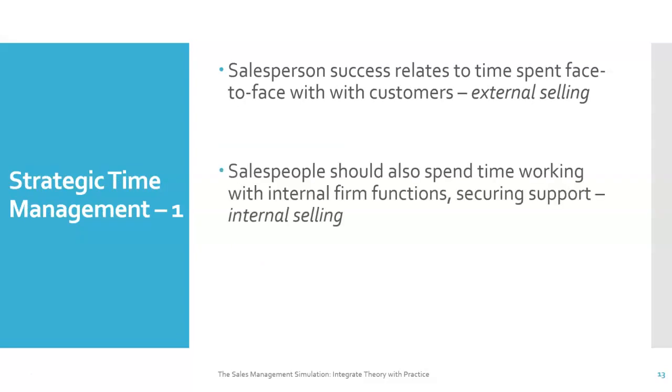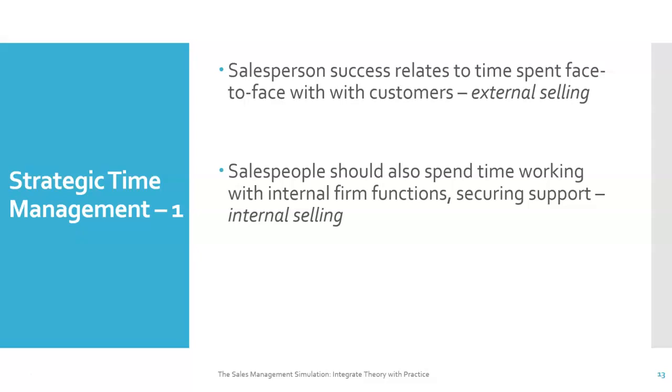I mentioned earlier, at the very beginning, external selling versus internal selling. Internal selling is not me contacting my customers virtually or via phone. That is me building relationships within the firm so I can have what market orientation talks about, that interfunctional coordination, where all of us in the firm are working together for a common goal.